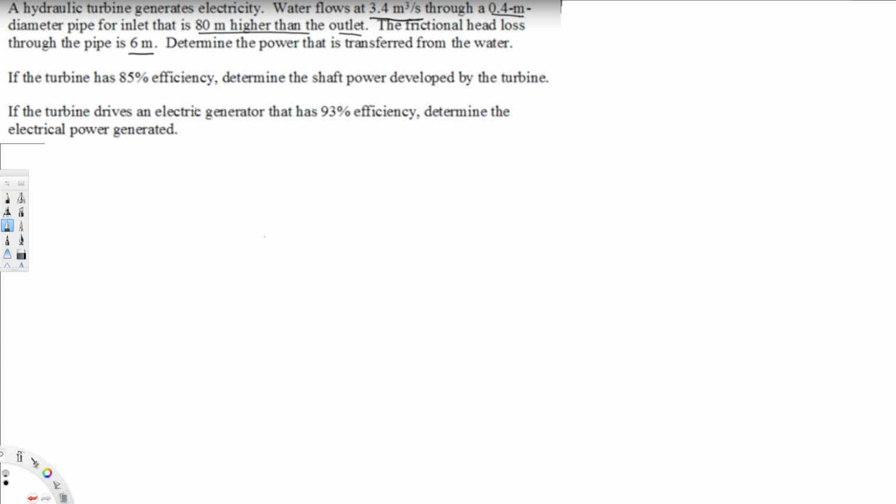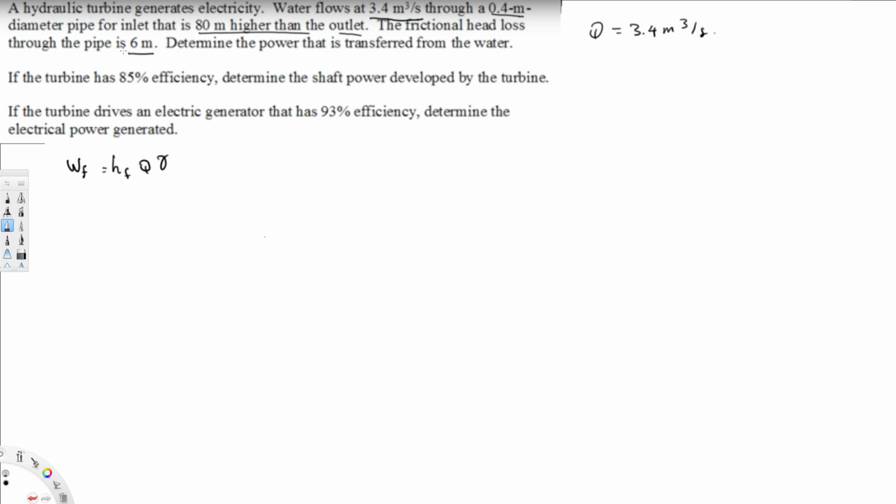So let's see how we can calculate this one. They are asking for this power transfer. So let's say this is the power of the fluid, and that's what we are going to calculate. If we can find a head change, HF, head change of the fluid, times the volume flow rate that's provided, Q is equal to 3.4 meter cube per second, multiplied by gamma.